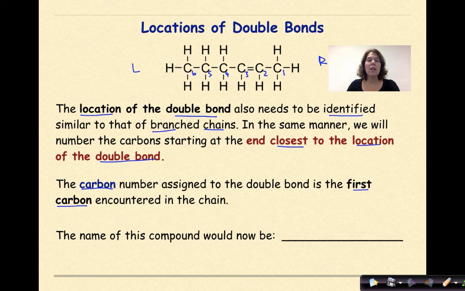We know that the ending is going to be ENE, but the double bond is between carbons 2 and 3. So when I write this, I'm going to put 2-hex, and then the ending ENE for 2-hexene. That 2 indicates that the double bond is starting at carbon 2 and going to carbon 3.